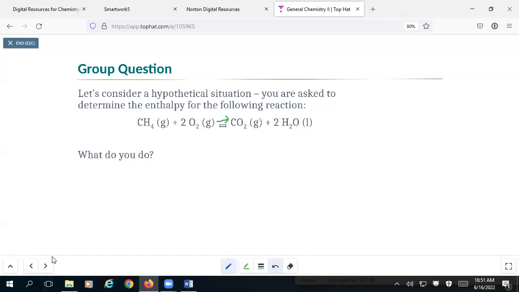You know, that reaction that takes place when you turn on your Bunsen burner. If we were to try to determine the enthalpy of this reaction, how do we go about doing it? Any thoughts? Ideas?